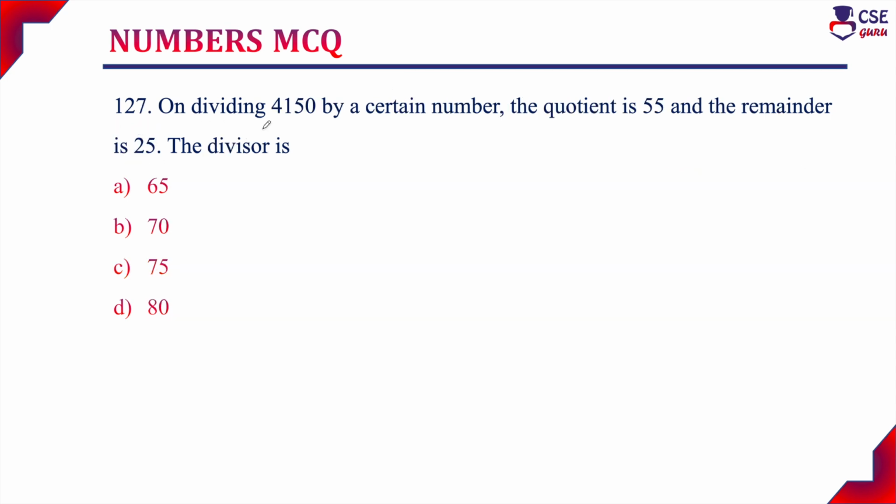Problem number 127. On dividing 4150 by a certain number, the quotient is 55 and the remainder is 25. The divisor is? Here 4150 is the dividend, the certain number is the divisor, and the quotient and remainder are given.